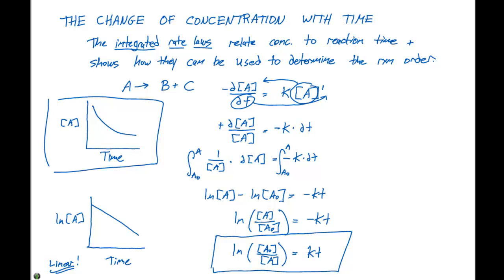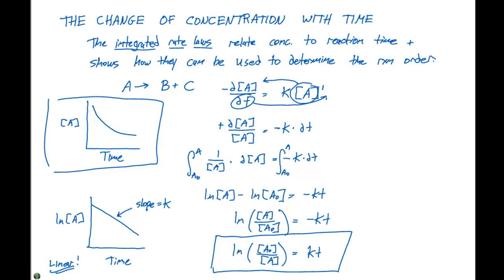If we look at this equation, now on the y-axis we have the natural log of the concentration of A. On the x-axis we have time. Remember, if we have a y equals mx plus b equation, our slope for this particular reaction is going to be equal to k. So when we look at a first order reaction and we plot the natural log of A versus time, we can get this relationship.